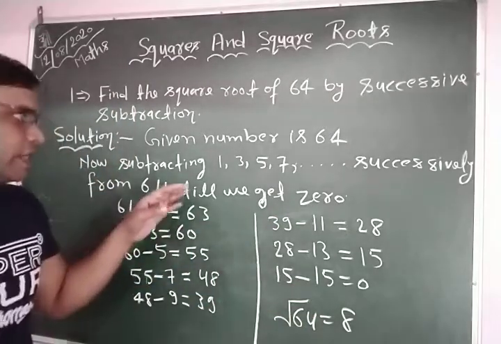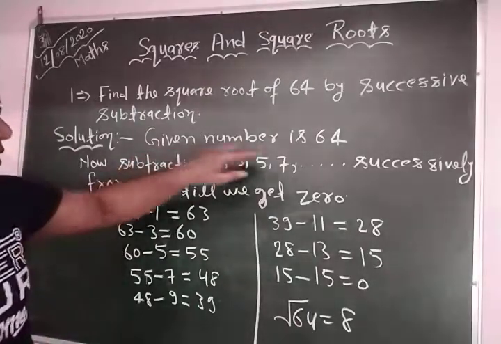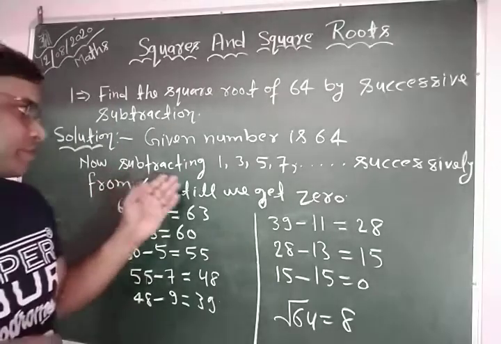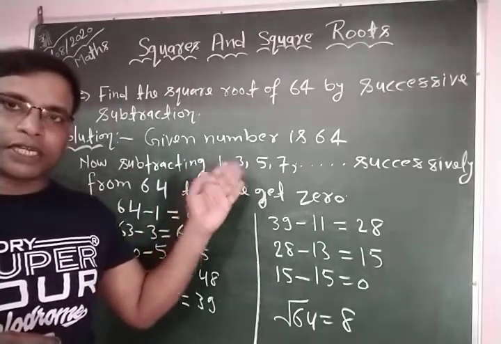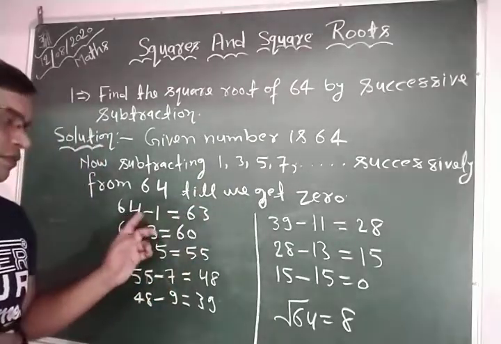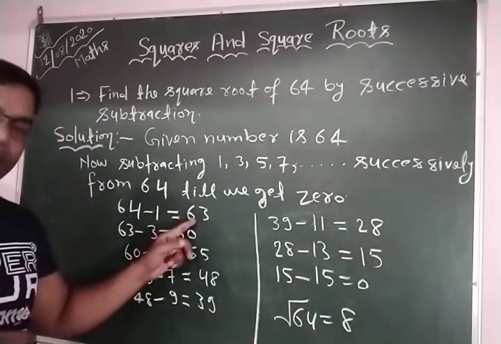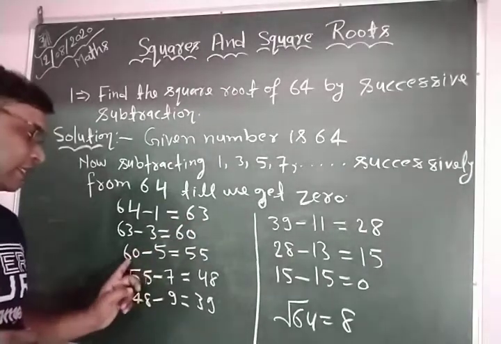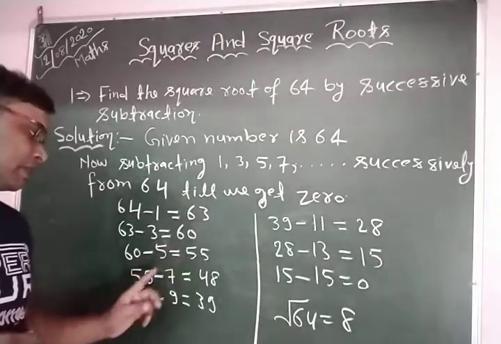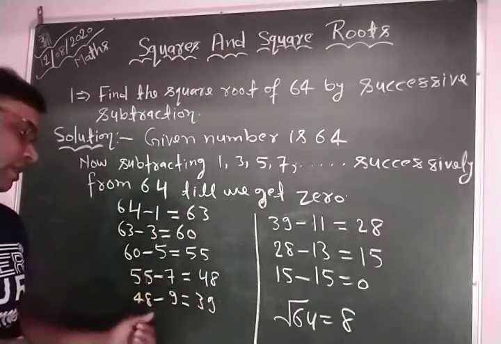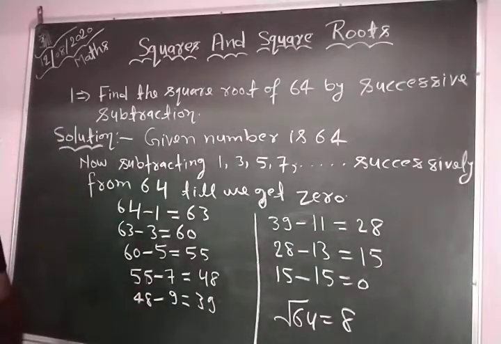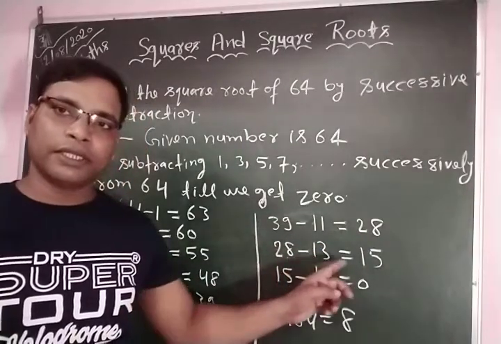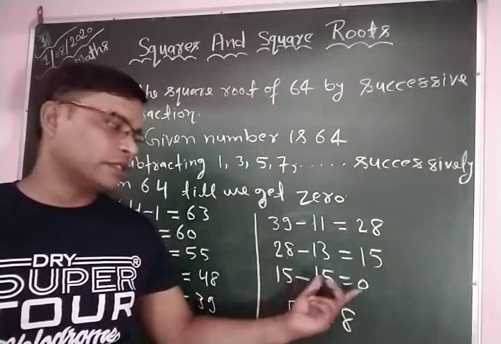So here the given number is 64. To find the square root of 64, we subtract the odd numbers, starting from 1. 64 minus 1 is 63, 63 minus 3 is 60, 60 minus 5 is 55, 55 minus 7 is 48, 48 minus 9 is 39, 39 minus 11 is 28, 28 minus 13 is 15, and then 15 minus 15 is equal to 0.